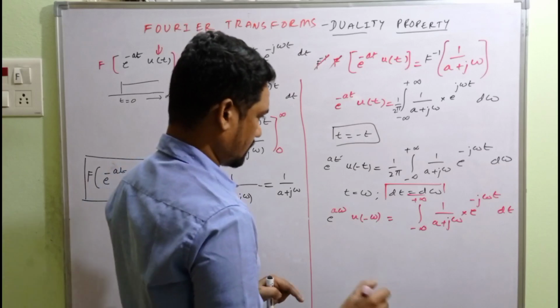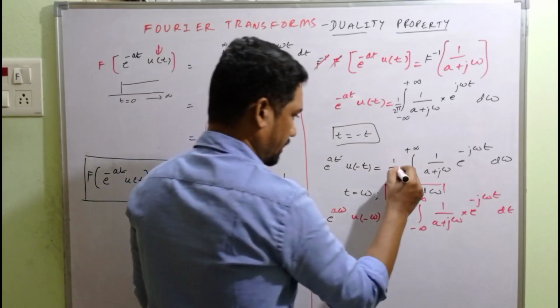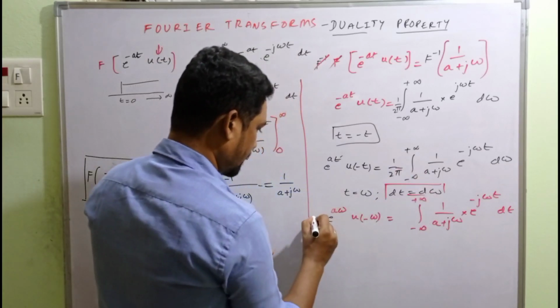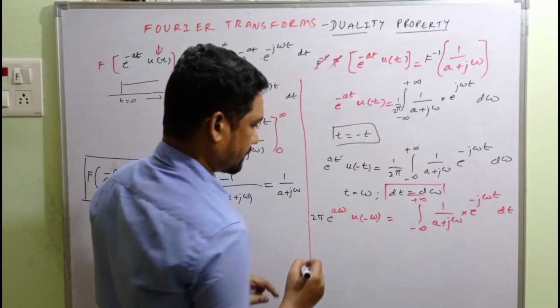And yes, I didn't forget about this 1 by 2 pi. That will be 2 pi over this side.